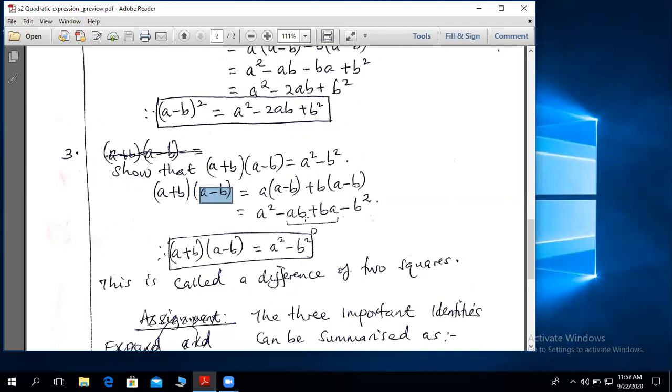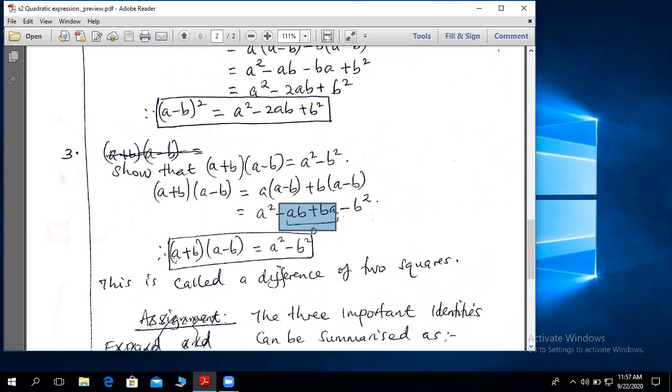So these two are the same. Negative ab and positive ba, they are the same, but this is negative and this is positive. So that means we are going to have 0 here for that one. And we shall end up with a squared minus b squared.